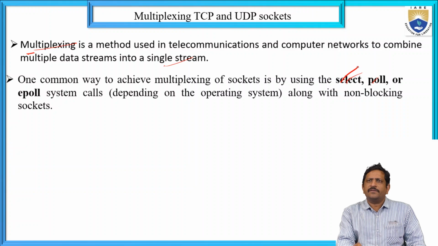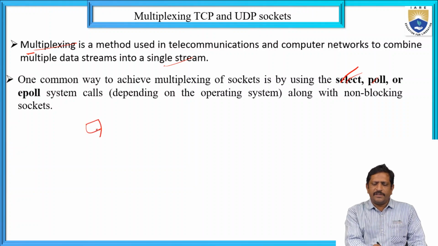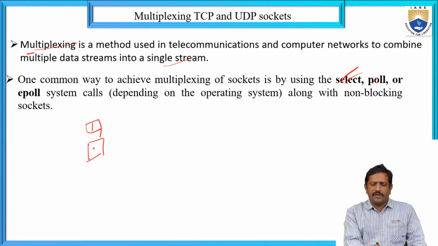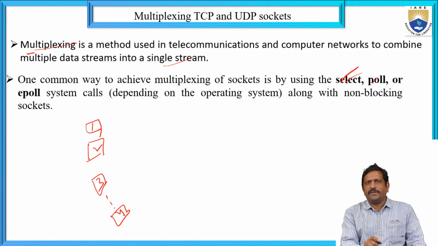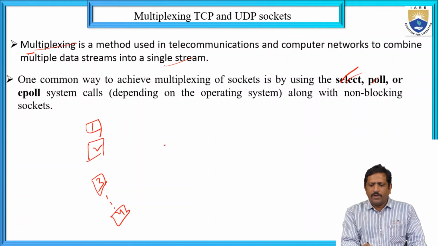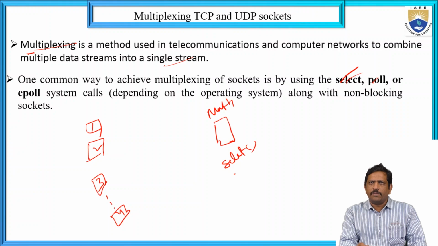Selecting means whatever devices you want for communication or programming, we are selecting, that means selecting multiple devices: device 1, device 2 and device 3 up to device n. Multiplexing can be achieved by using the select function call. That is a system call, and it depends on the operating system.